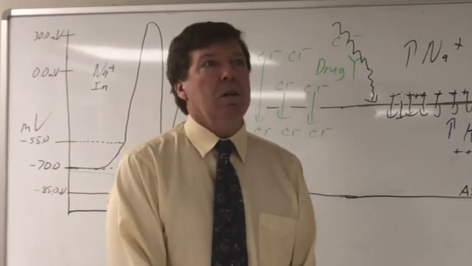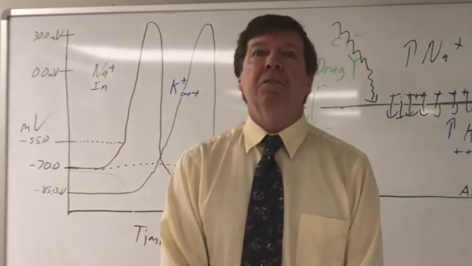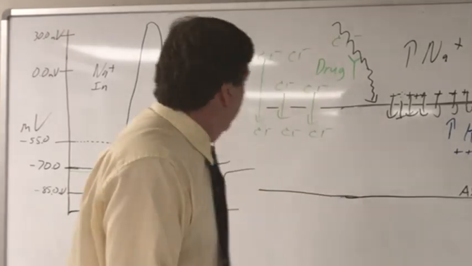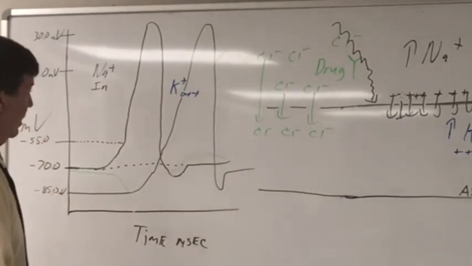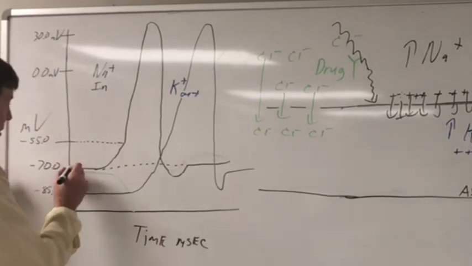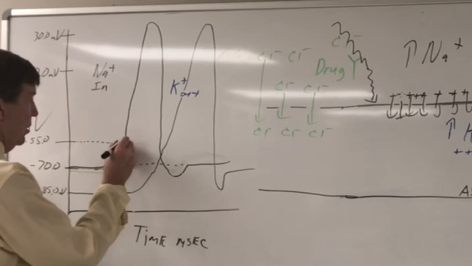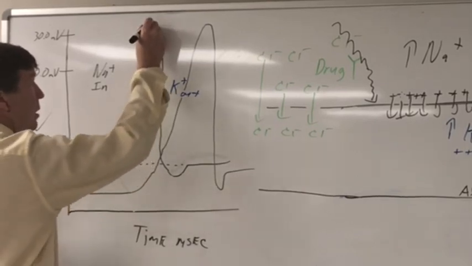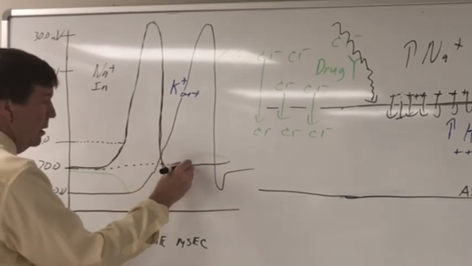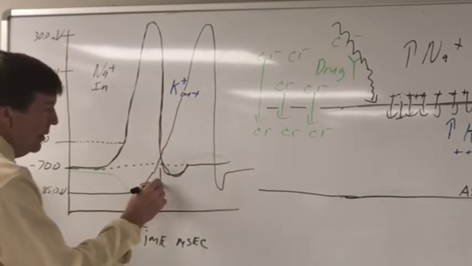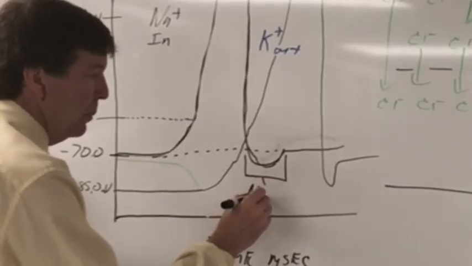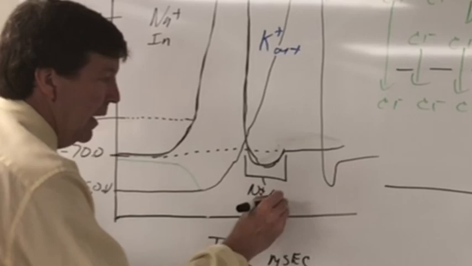What if we were to inhibit the activity of the sodium-potassium pump? Well, if we look at this original graph here, if you recall, right in this region, that's where the sodium-potassium pump has its effect.